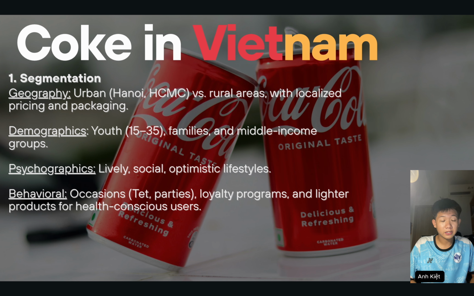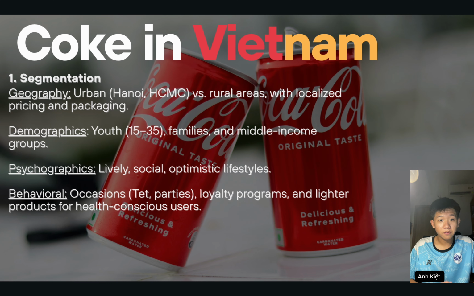And then we will find out how Coca-Cola applies these strategies in Vietnam. The first one is segmentation. Coca-Cola divides the Vietnamese market by geography, from urban areas like Hanoi or Ho Chi Minh City to rural areas.